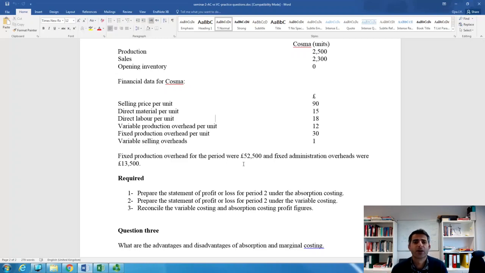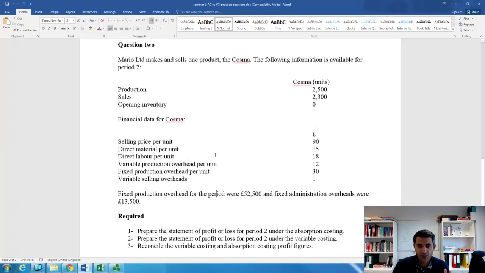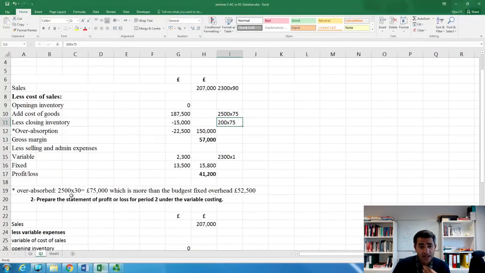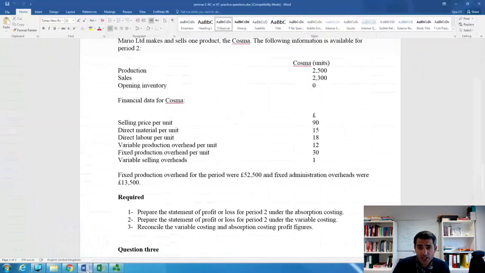Right. Now, if you look here, what you can see is that the production overhead is 75,000 pounds, actually, not 52,500. Why? Because we produced, how many did we produce?